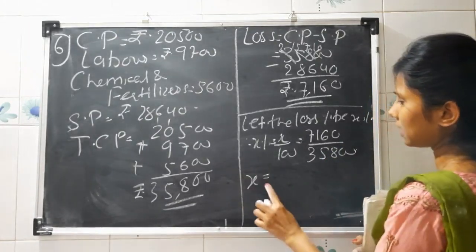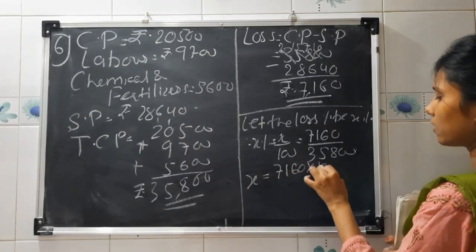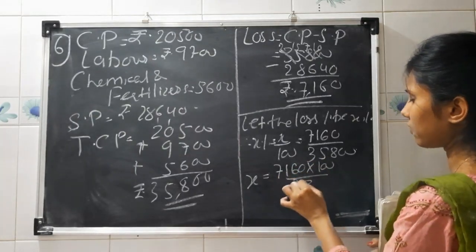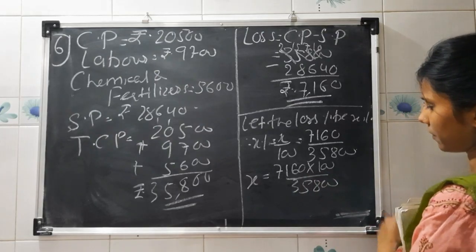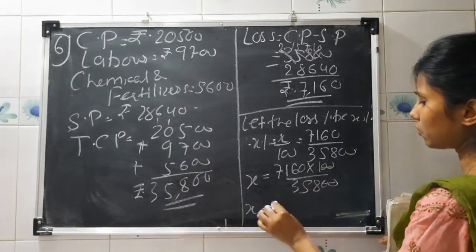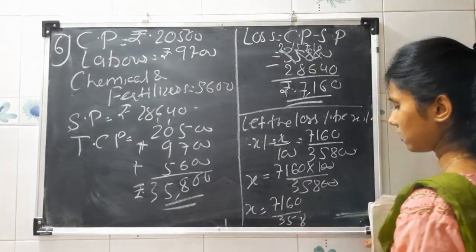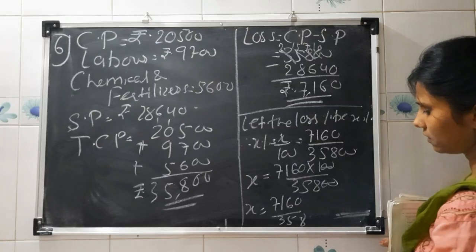Cross multiplication, X is equal to 7160 into 100 upon 35,800. 0 0 gone. 7160 upon 358.